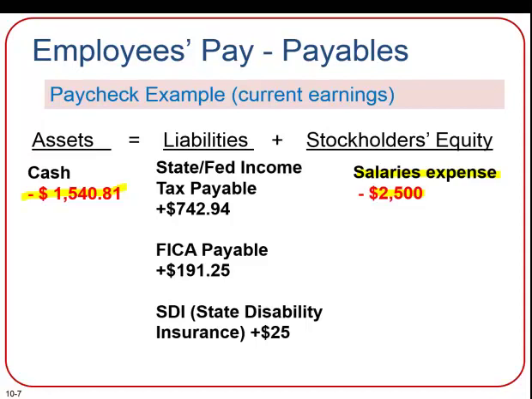And then all of the deductions that were taken out of the paychecks and withheld by the employer are going to become liabilities because they will be paid in the future. So the company will book a liability for each one of those deductions: state and federal income tax, the FICA, and any other things. In this case, it was a state disability insurance. But all of those amounts that were deducted will become liabilities for the company to pay in the future.